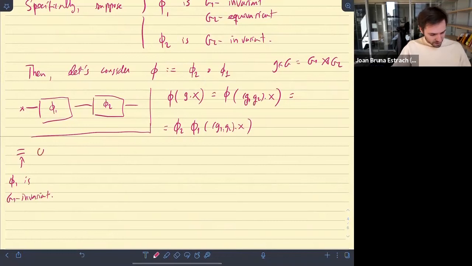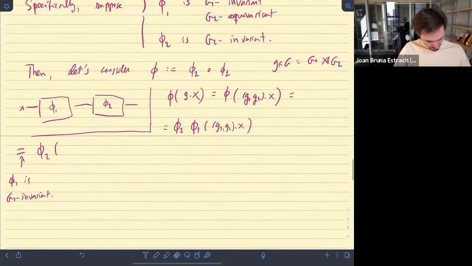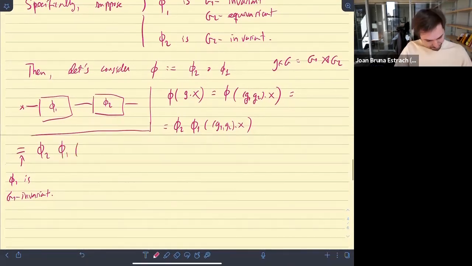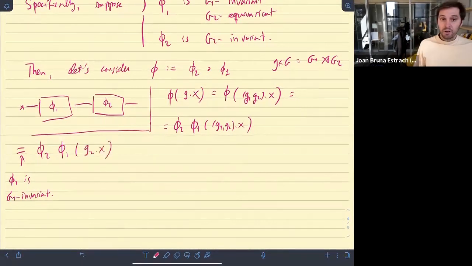This is the same as phi2 of phi1 of g2 times x, because the part that involves g1 is not seen by phi1.